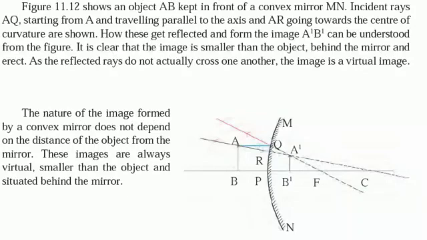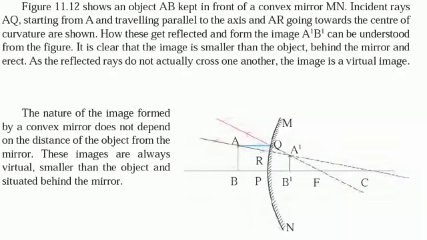I told you in part 1 of this chapter, you have to understand three things: nature of object, the position of object, that is where the object has been placed, the nature of image formed, and where it is formed, the location of the image formed.